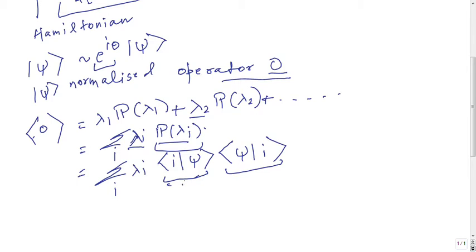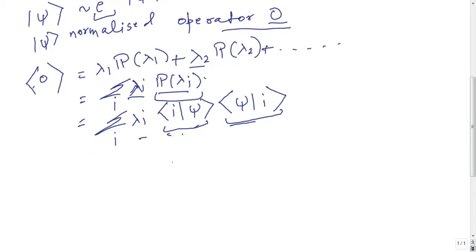Since all three of these are complex numbers, I can rearrange them without thinking of any commutation relations because they always commute. I can write them as such.